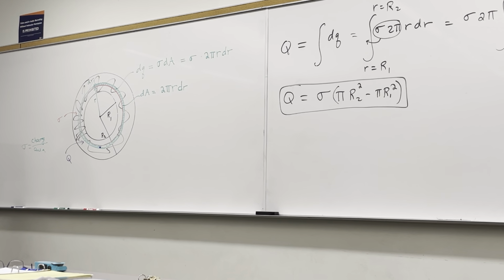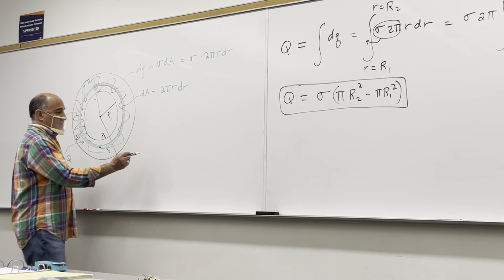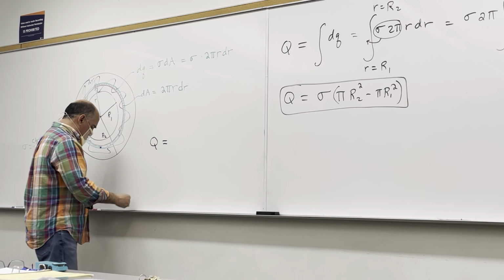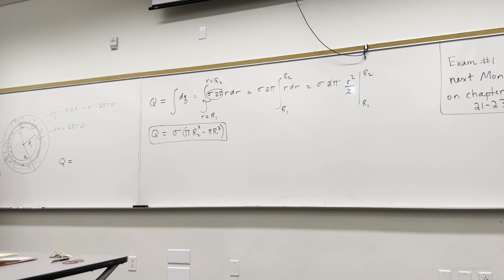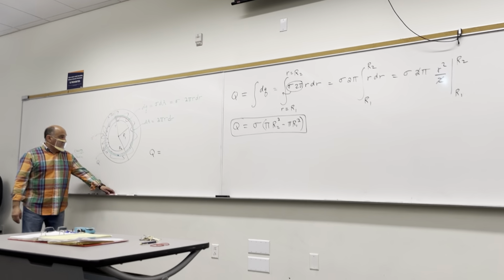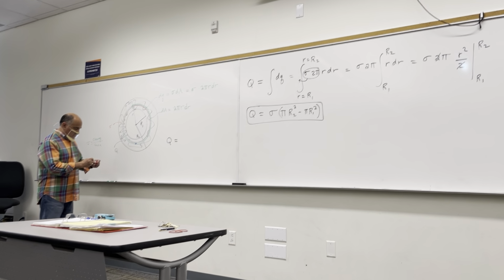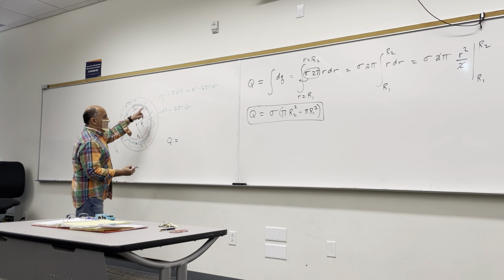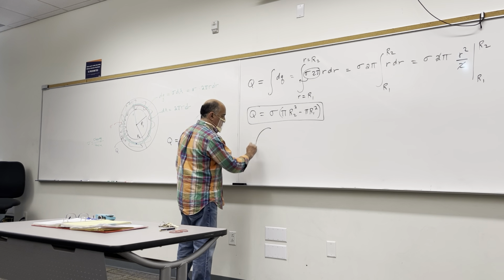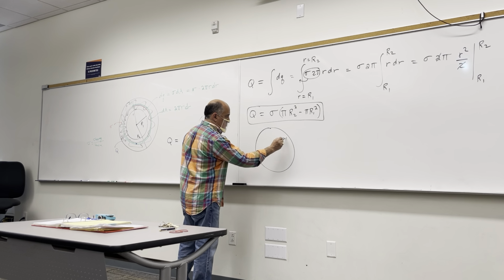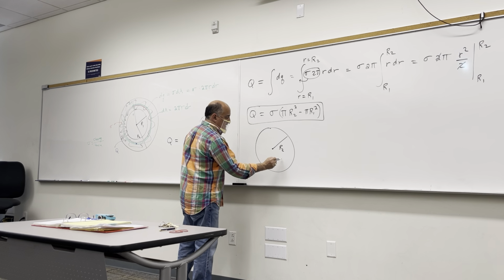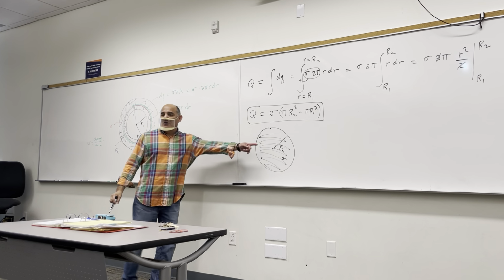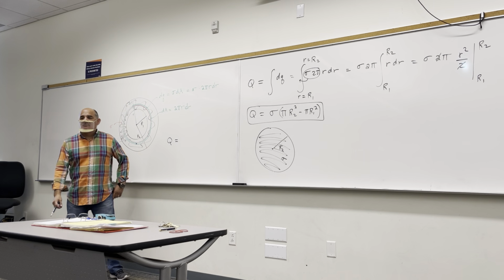Now, what's the quick way? The quick way is this. What is the charge? Let me consider the disk of radius R2, and it's got sigma in there. Suppose it's completely filled. What's all that charge in there?